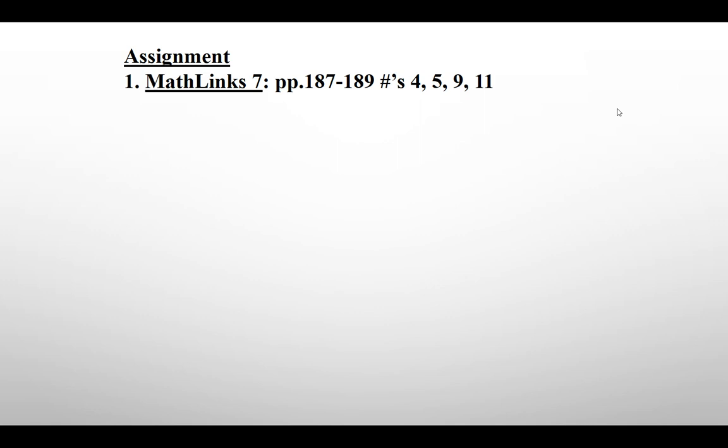So that's it for the end of this unit. And you can conclude it by completing pages 187 through 189, numbers 4, 5, 9, and 11. And again, just a quick word of caution. Anytime it's asking you to calculate theoretical probability, you're doing it based on what you predict happens in advance.